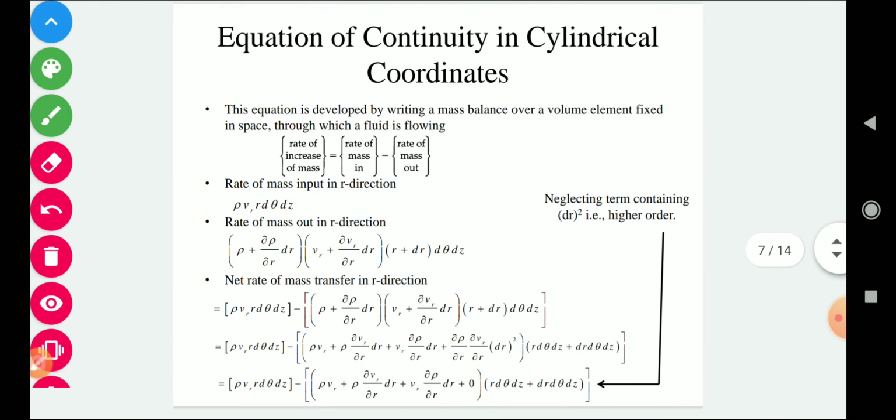So if we apply the equation of continuity on this control volume, then the rate of increase of mass will be equal to the rate of mass in minus the rate of mass out. So the rate of mass input in the r direction will be equal to rho vr r d theta dz, which I already explained. Similarly, the rate of mass out in the r direction will be equal to this one.